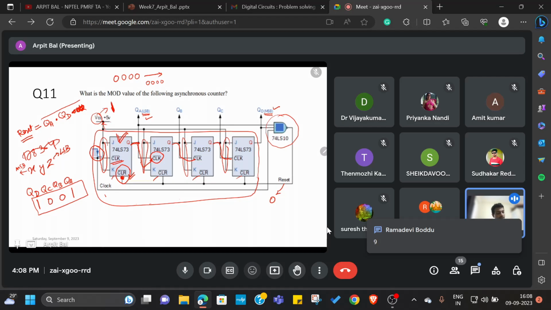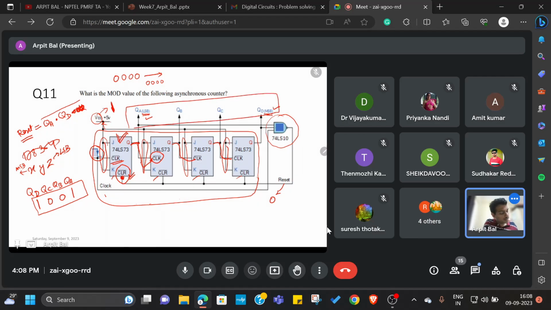So the moment the output of these combinations reaches 9, my reset becomes 0 and everything goes back to 0. It will do the up count from 0 0 0 0 till 1 0 0 1.